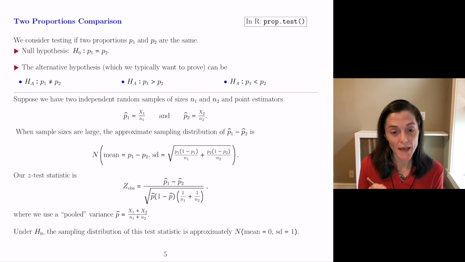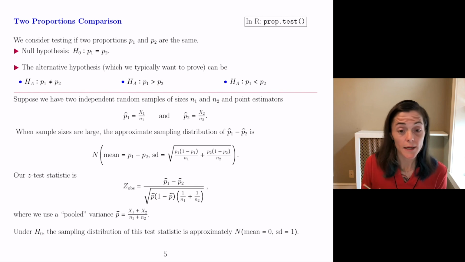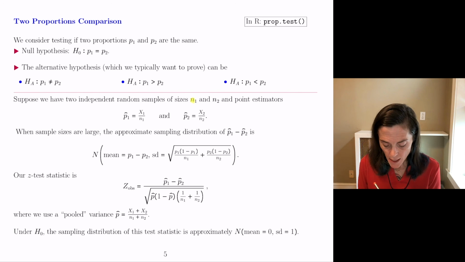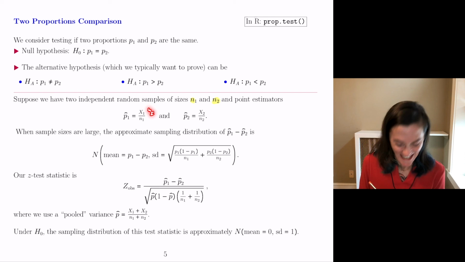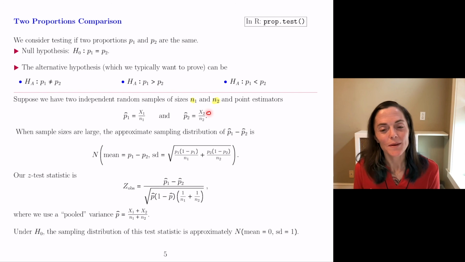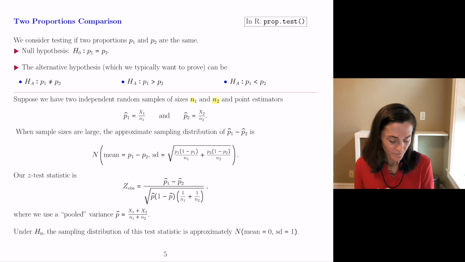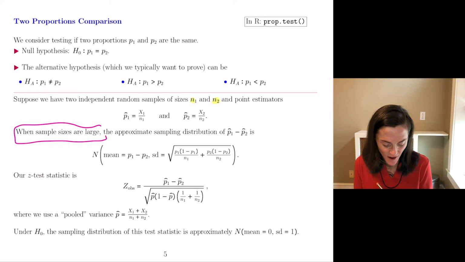Suppose we have two independent random samples of size n1 and n2, and we have the point estimators p1-hat and p2-hat. Here, x1 would be the number of a certain type out of the n1, and x2 would be the number of the certain type out of the n2.